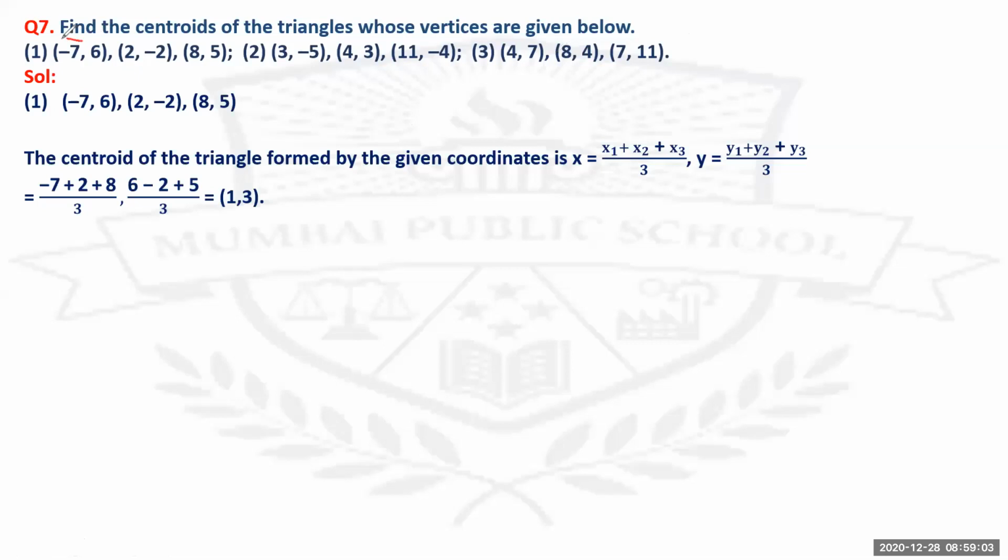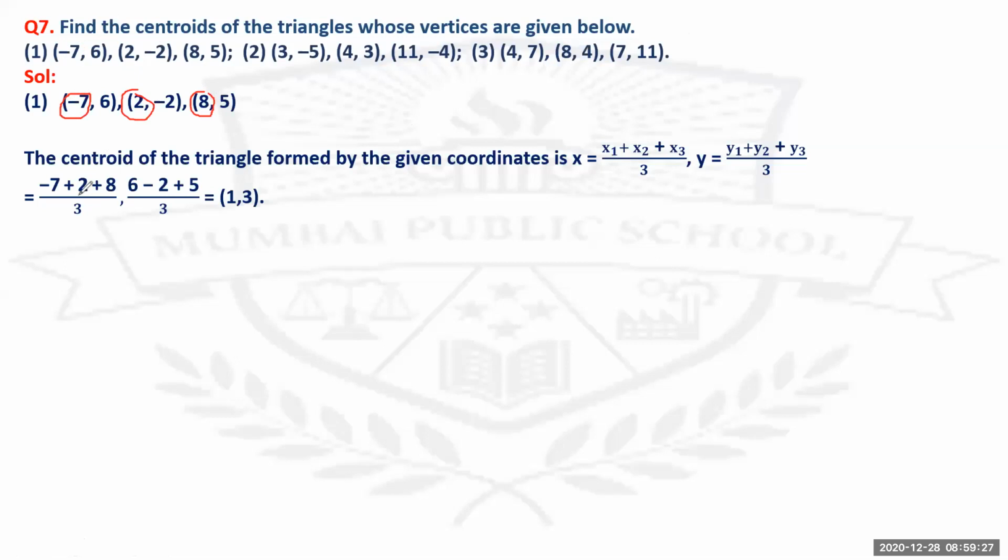See the x values: minus 7, plus 2, and plus 8. You're going to add all this: minus 7 plus 2 plus 8.